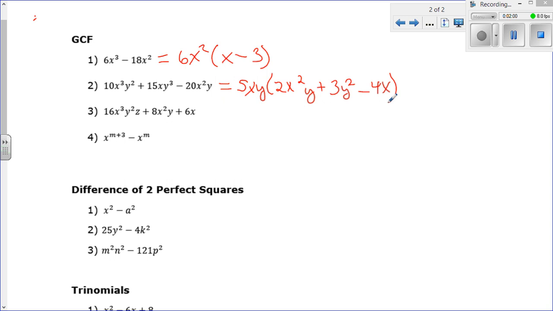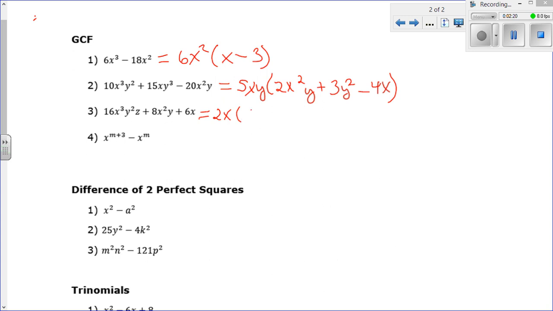For number 3, the largest number that goes into 16, 8, and 6 is 2. And they all have at least an x in common, so 2x is my GCF.